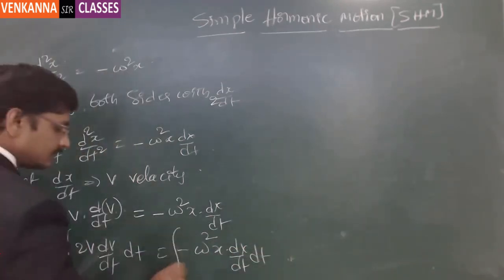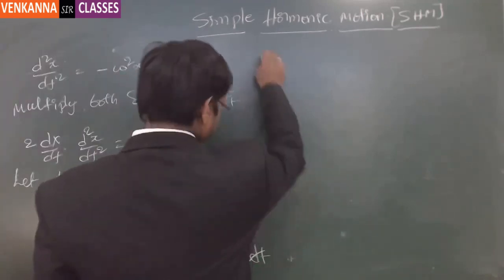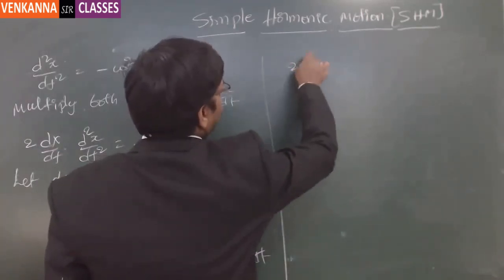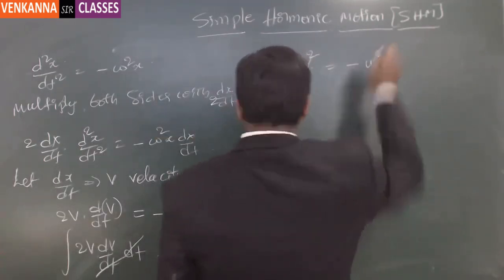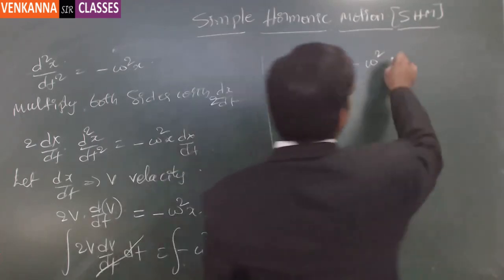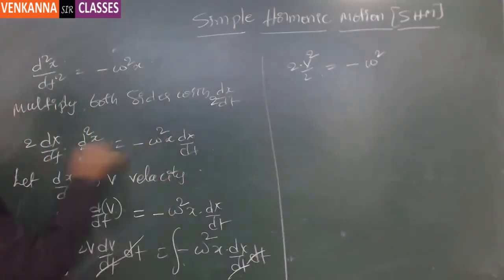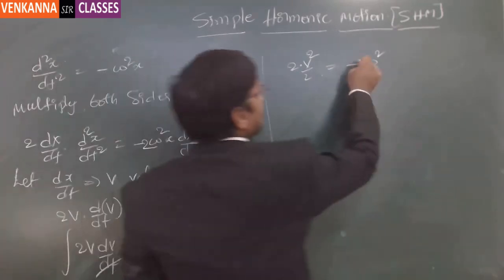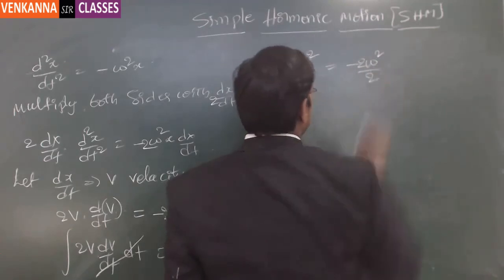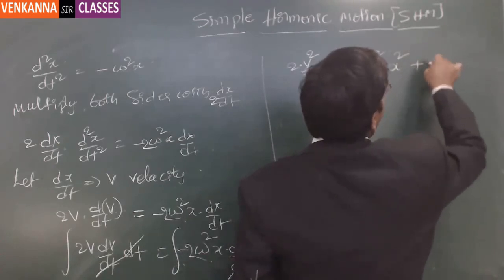Now if you integrate on either sides, this dt will cancel out, and this dt will cancel out. So 2 times v square by 2 is equal to minus omega square into x square, since we have multiplied with 2 on either sides, plus some arbitrary constant a.